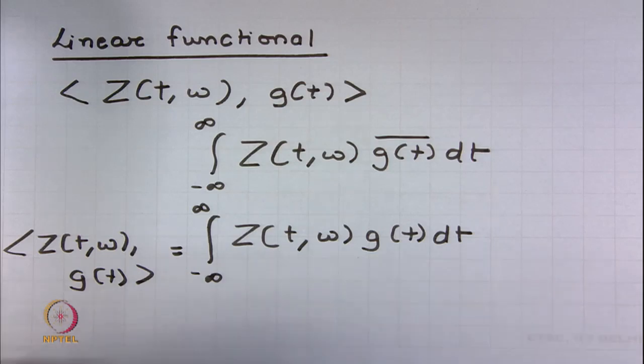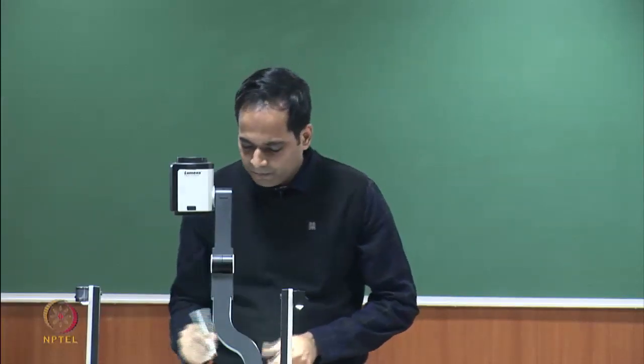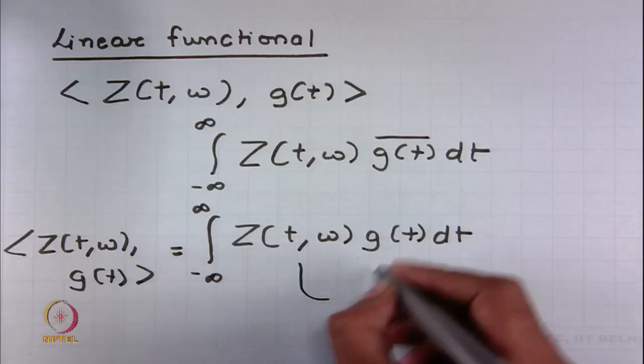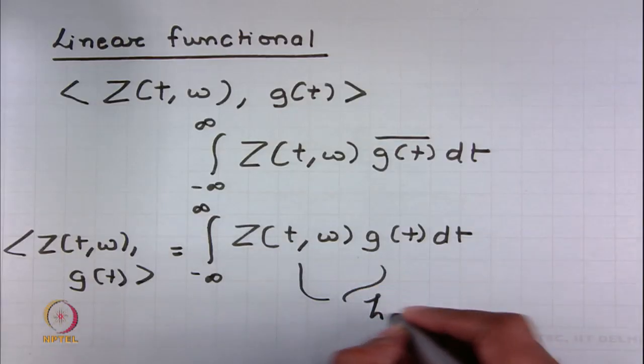Now, some important points before we move on: is this inner product always defined? It need not be, and as we have seen from the vectors, this inner product is always defined if z of t and g of t are L2 functions.